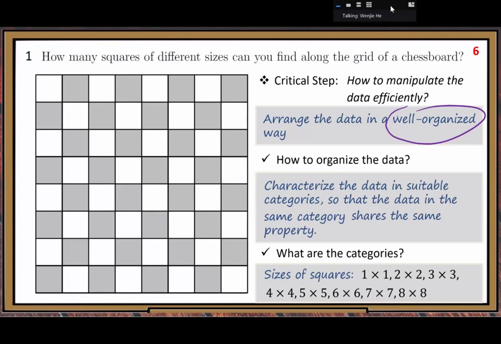So here, let me draw a 3 by 3 square. 1, 3, this is one 3 by 3 square, representative of all the 3 by 3 squares. What property can you find, one simple property for this square?